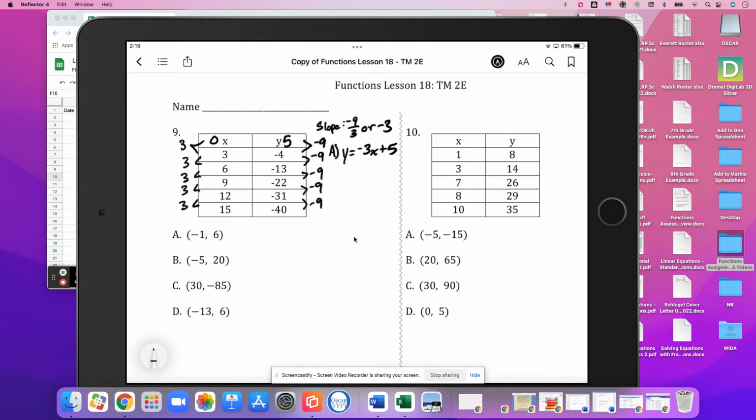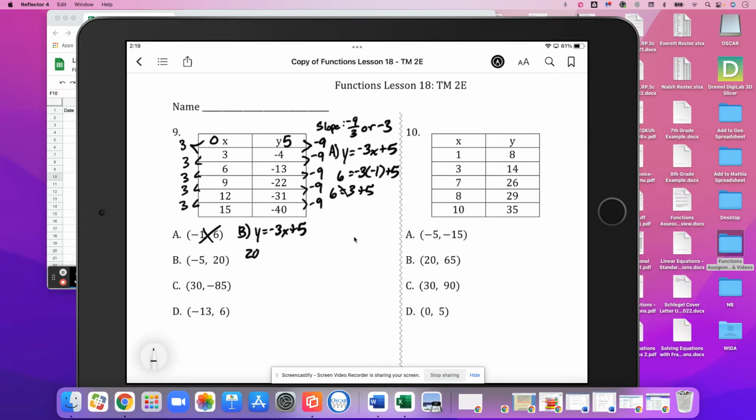Let's test these points. So it's 6 equals negative 3 times negative 1 plus 5. 6 equals positive 3 plus 5. No, 6 is not going to be equal to 8. So A does not satisfy this function. B, y equals negative 3x plus 5.